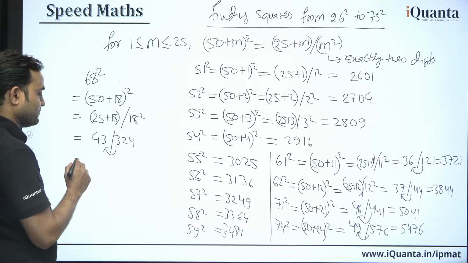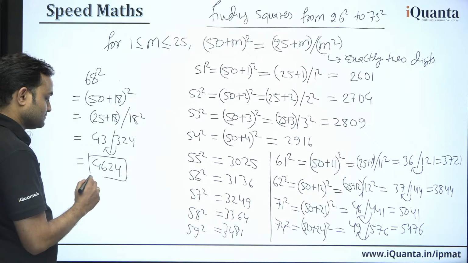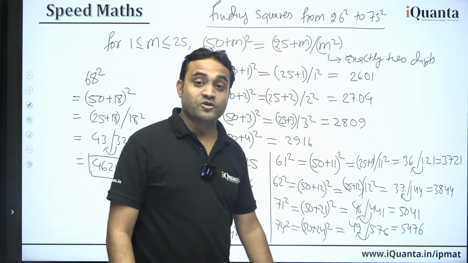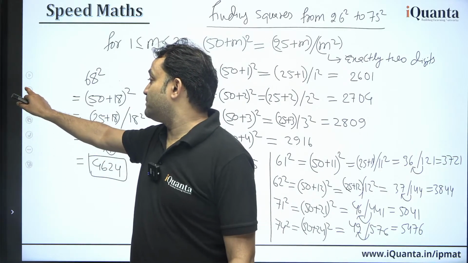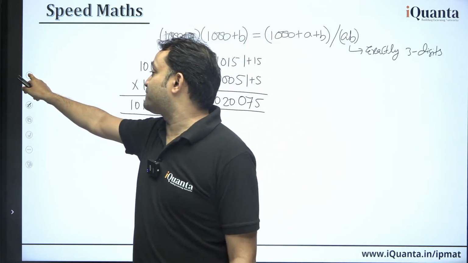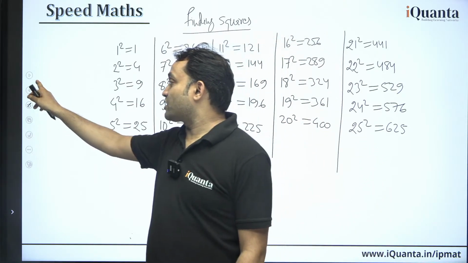This 3 will come here. 4624. Right? So now you can understand why I told you guys that we should remember these 25 squares. Now you can understand the importance of this, right?